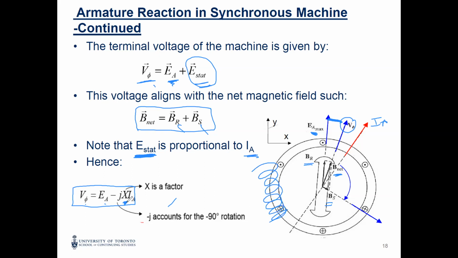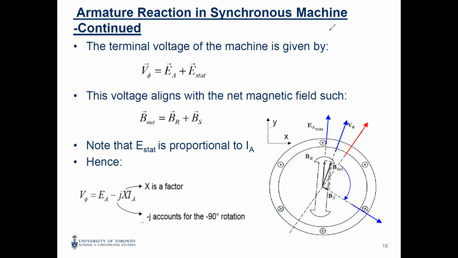This is something not real, but is due to the impact of the flux from the armature, or let's say the net, both. And for this reason, we call this X of the A, like the armature reaction, for example. If there is no current in the armature, you will not have this X.